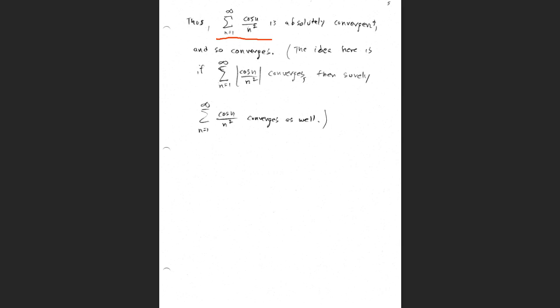So that's an absolutely convergent series. If the series converges absolutely, then the series converges. And that's how we would do a problem like that one.